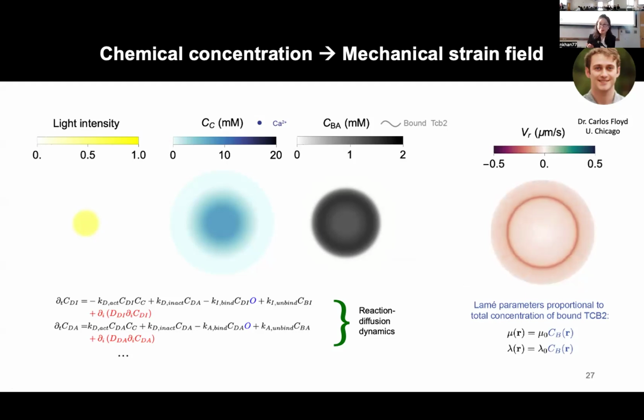With the strain field, when we take the derivative over time, we get the local velocity and the edge positions immediately as well. In this way, we know our system both chemically and mechanically in a great and controlled way.